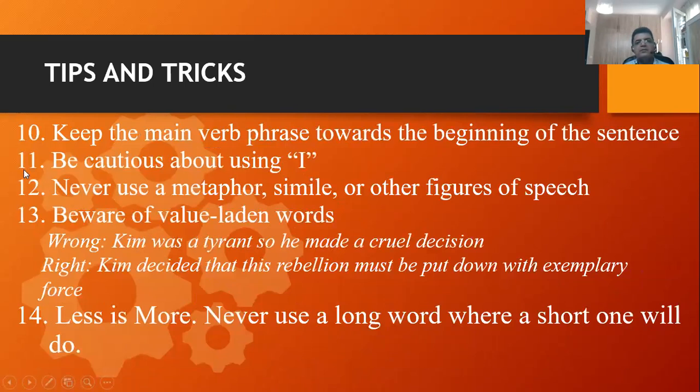So tip number 11, be cautious about using "I." In academic writing, you are not allowed to use personal pronouns frequently in your writing, especially in the field of science or in humanities that would like to show themselves as science.